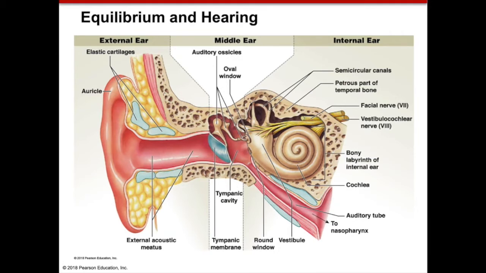But there is a functional aspect to it that we can add to make this story more interesting and simultaneously to know more about the physiology of hearing. So you see in this picture the division between an external ear, the middle ear, and the internal ear.